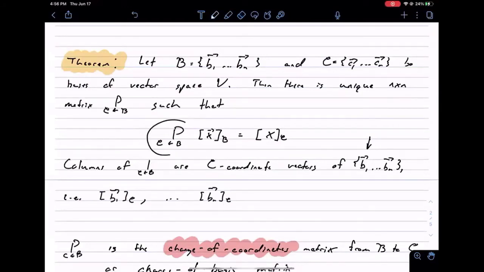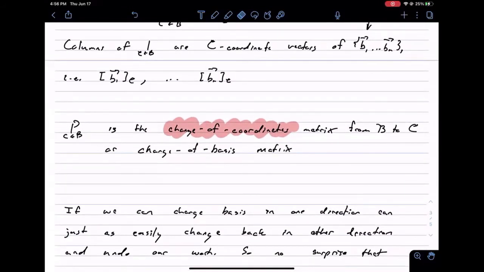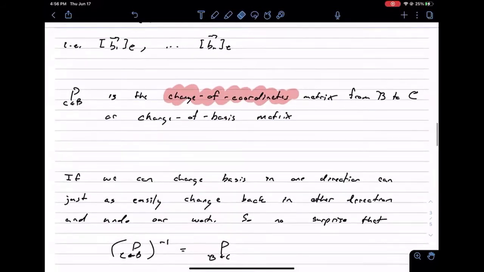If we're converting from B to C, the arrow goes from B to C. So this stands for the matrix that allows us to convert from B to C. So again, if we multiply that matrix by any vector in B coordinates, it converts it to C coordinates. So this matrix is called the change of coordinate matrix, also known as the change of basis matrix.